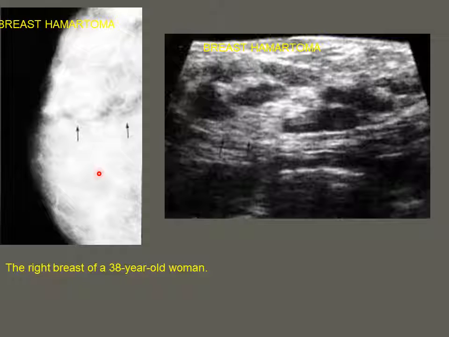CC mammogram reveals a little predominance of fibroglandular tissue over fat within the tumor. And the sonogram of this tumor shows a partially ill-defined margin and is isoechoic with some hypoechoic components, like breast tissue.